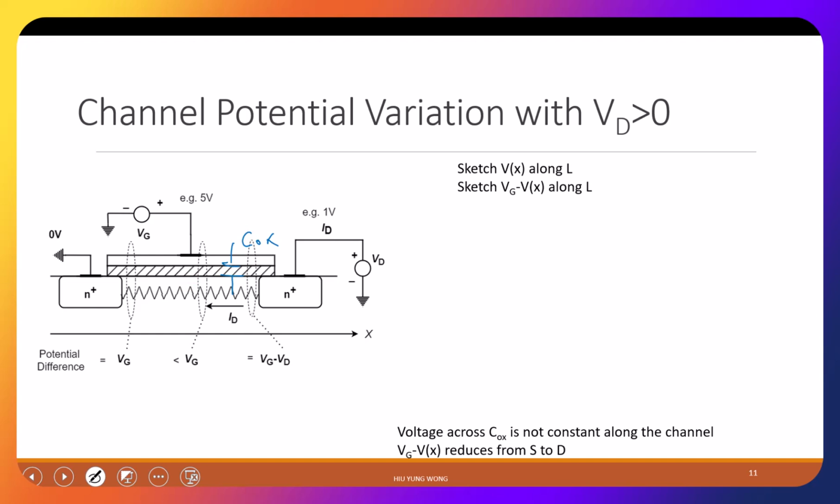Now, this is the gate, right? So my question here is, what is the potential along this channel? I call this X equal to 0, and here X equal to L. L is the length of my transistor, right?